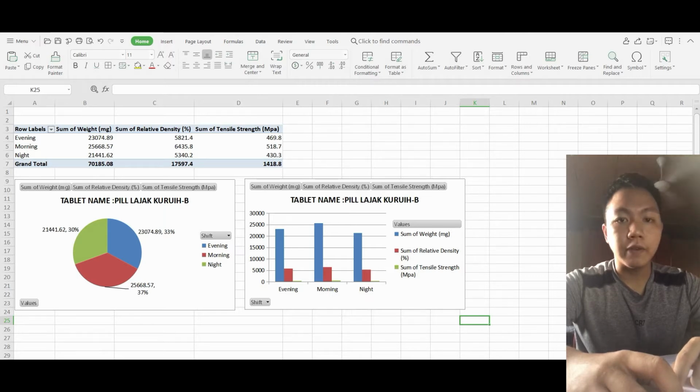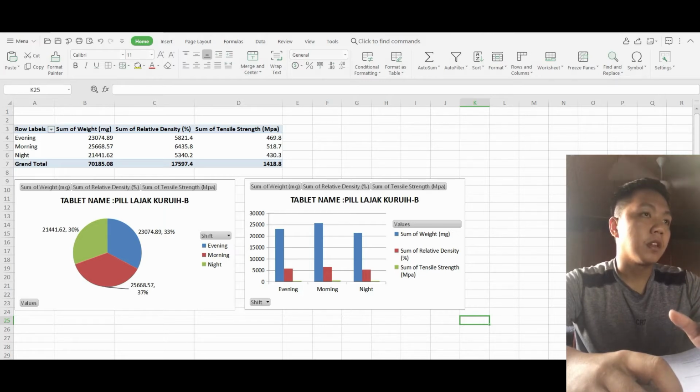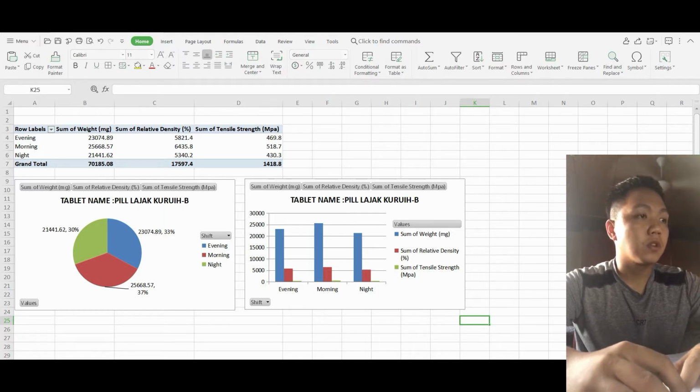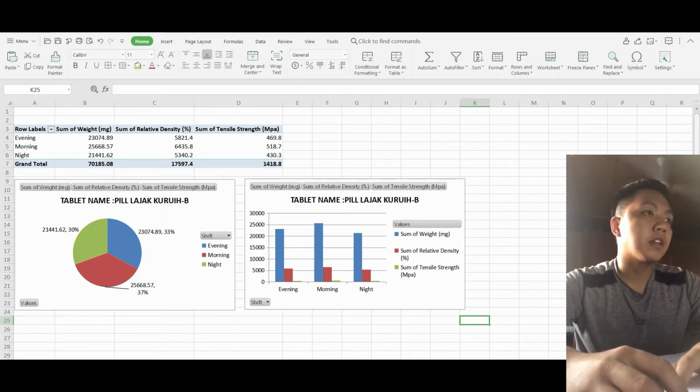From the data given, it is very mixed and random, and it's very hard for us to understand and analyze. So we summarize the data into tabular and graphical form. From the tabular table, we calculate the weight, the relative density, and the tensile strength from 3 different production shifts, which are the night, morning, and evening shift.